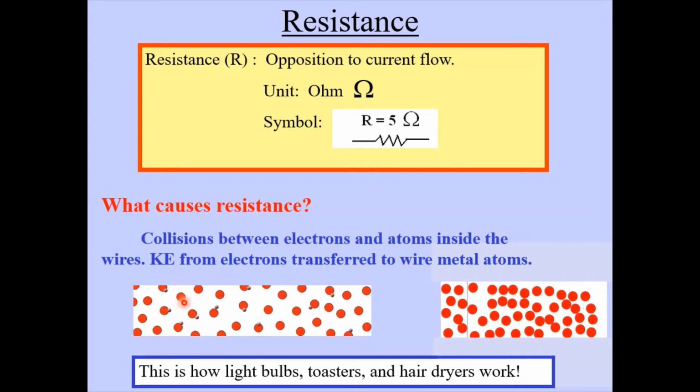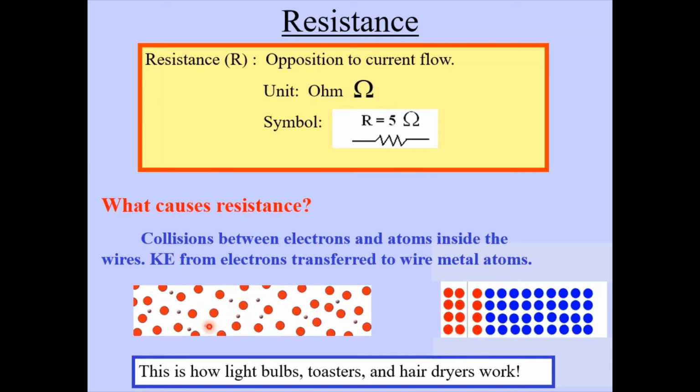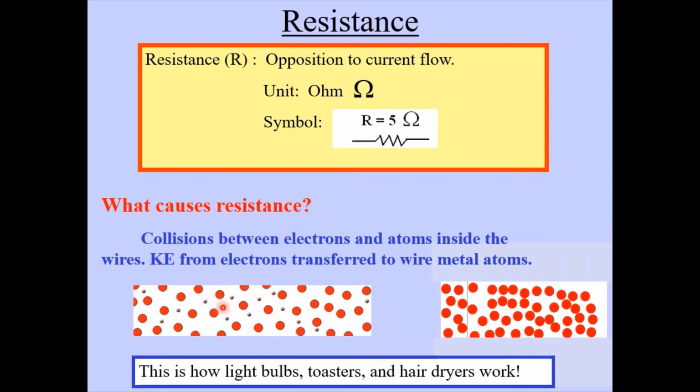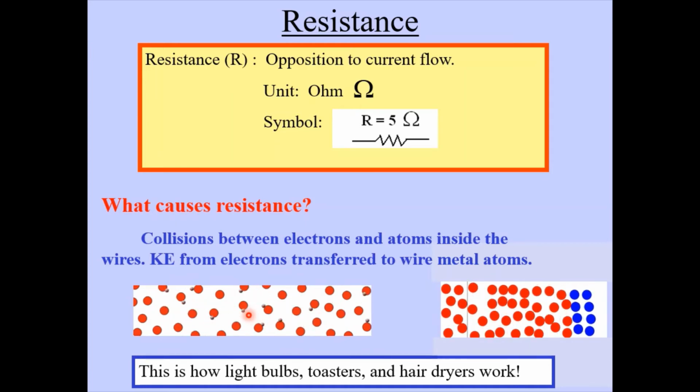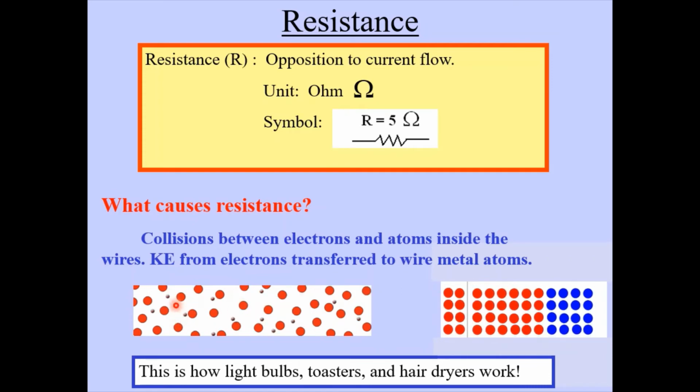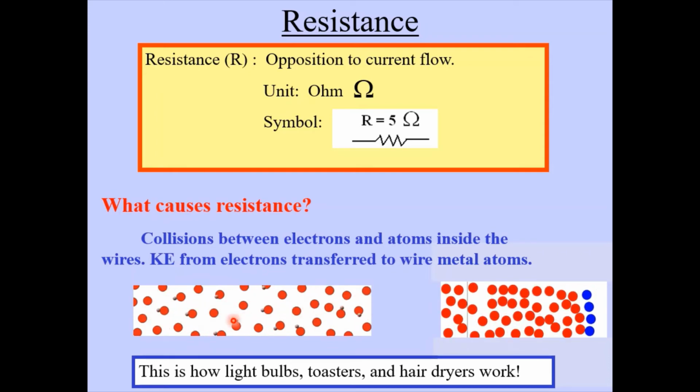You see the little tiny particles, those are electrons, and they're flowing from left to right. But notice the electrons can't just flow straight through, they bounce off and collide with all these copper atoms. And even in the tiniest wire, there are trillions and trillions of copper atoms, and trillions and trillions of electrons. So there are a lot of tiny little collisions happening all the time when electric current flows through a wire.